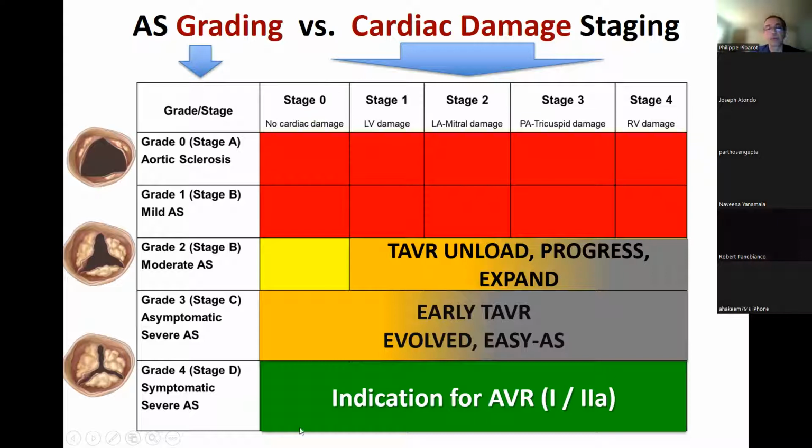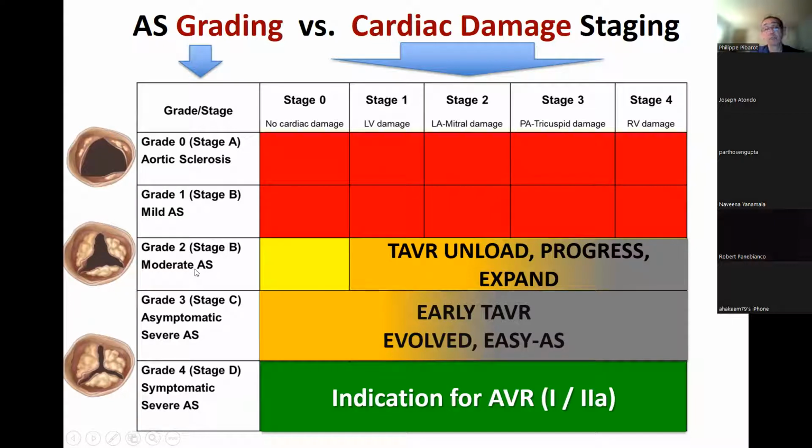And well, of course, if you have symptomatic severe AS, regardless of the staging, there are already indications for AVR. Okay. Now, if you have asymptomatic severe AS, well, there are several ongoing trials, including EARLY TAVR, EVOLVED actually has been published recently, EASY-AS that is ongoing. And these trials, there are more all-comer trials, but some focus on patients with more advanced cardiac damage staging.